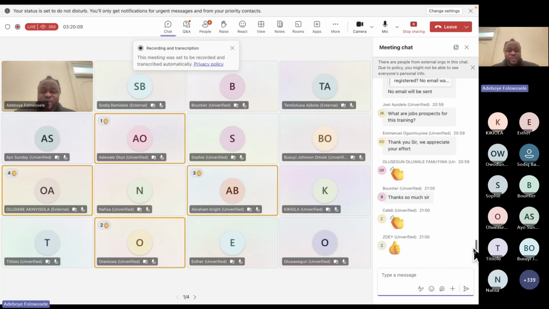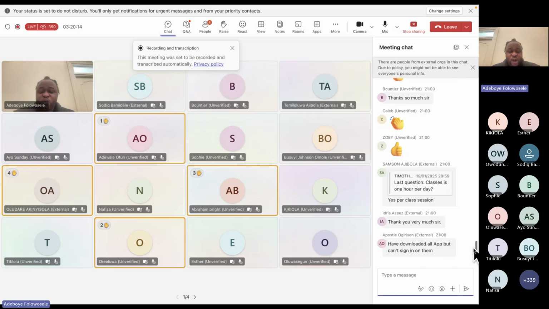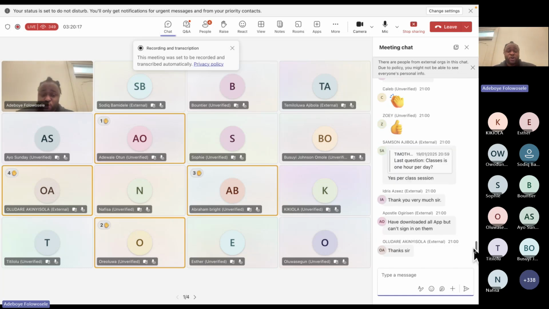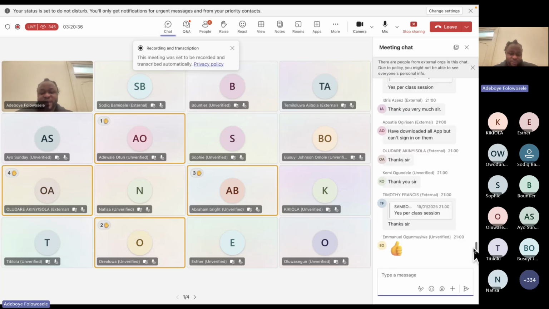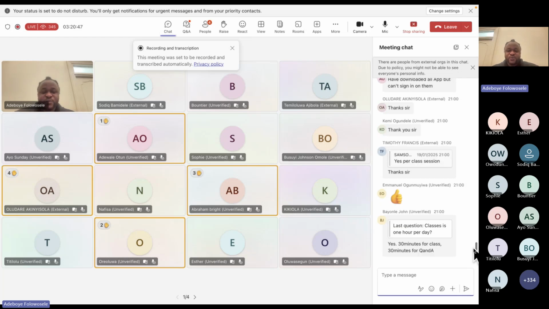So for you to qualify for a certificate, you have to attend class. Even if you miss the class, you have to watch it on YouTube and inform your class captain that, sorry, I missed the class, I've watched it on YouTube. And you have to do the assignment and submit. I'll give you the email to submit the assignment to when the time comes. Then that is when I can give you the certificate. I'm not going to give a whitewash certificate to people I don't know. So that's why I said, if you are not registered, I'm sorry, I don't know you.